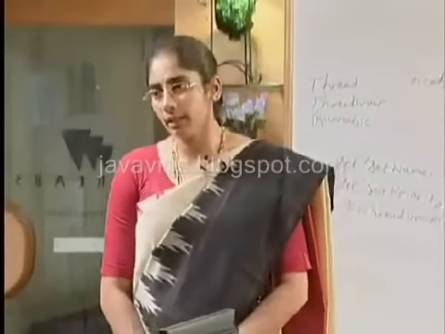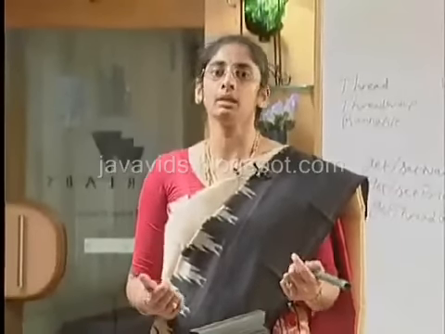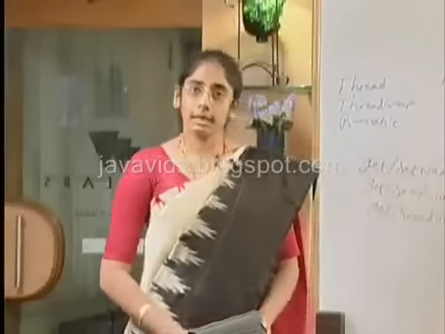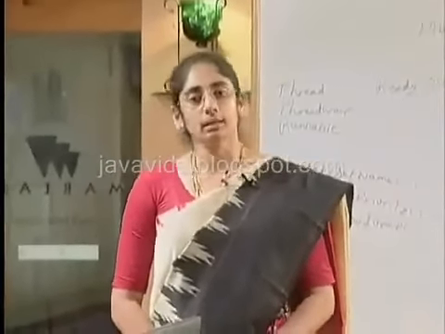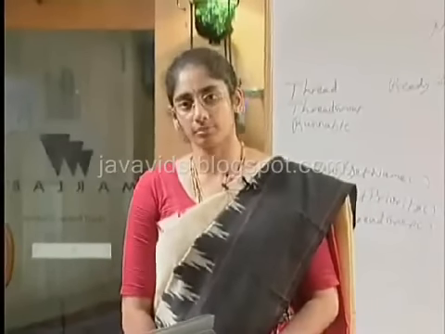You need to specify a value between 1 and 10. If you specify a value beyond this range, either way, you get an IllegalArgumentException. If I don't set a priority for a thread which I create, then the thread gets the priority same as its parent thread.